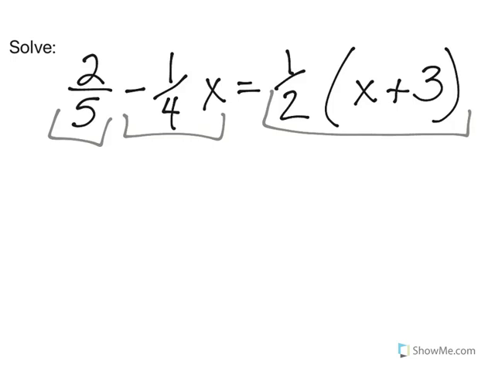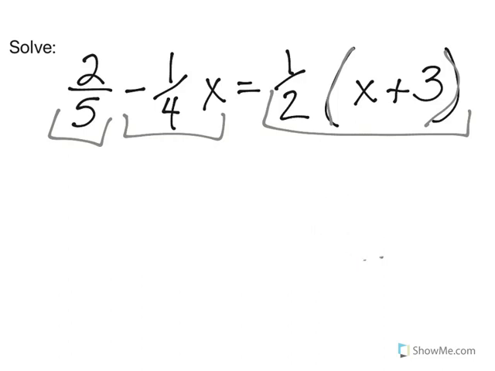Because think about this on the right side. 1/2 touching parentheses means I have 1/2 times whatever is inside. That is no different than -1/4 times x. It's -1/4 times something. This is 1/2 times something. It works the same. If it is joined together by multiplication, it is one term.